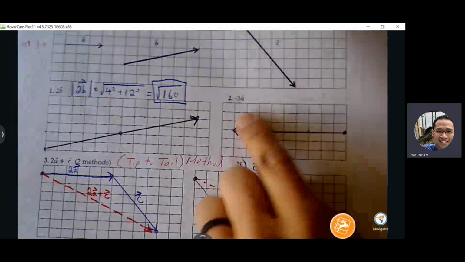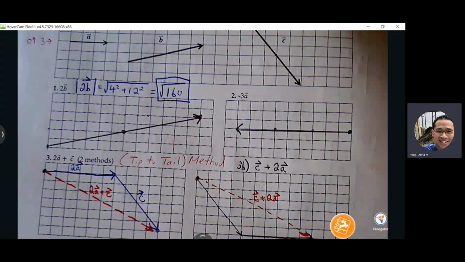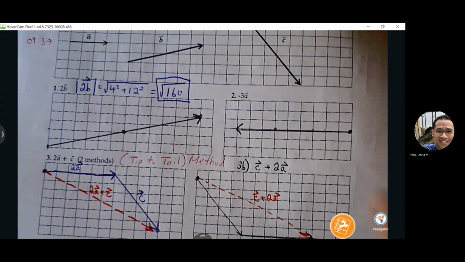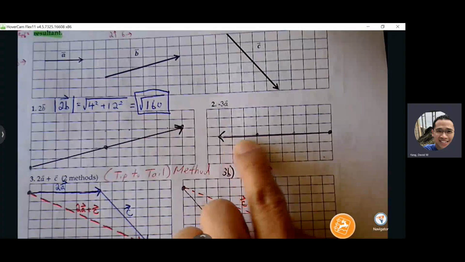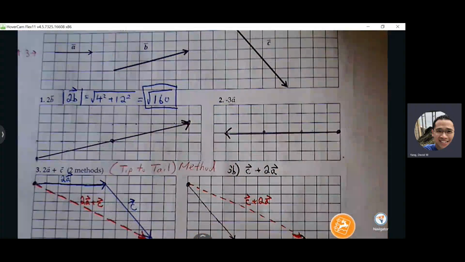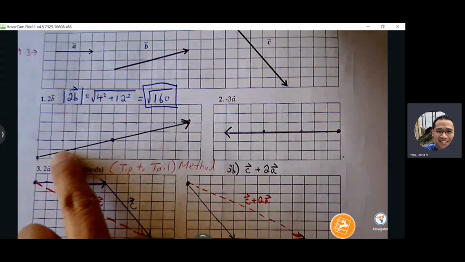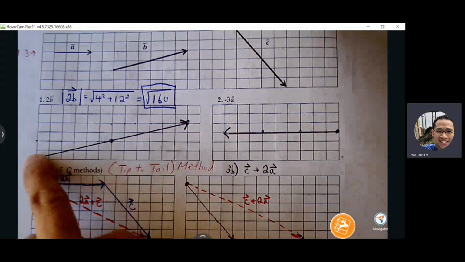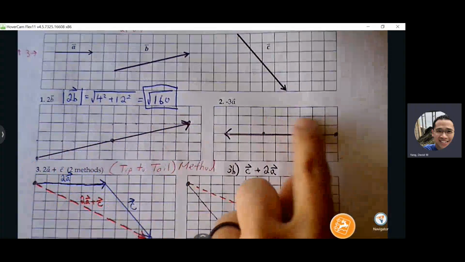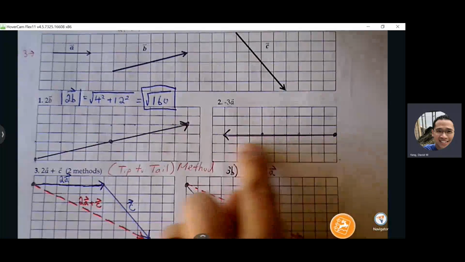All right, with number 2, what's nice about this? Do we have to go through the trouble of the Pythagorean theorem? We can count. If anything is moving horizontally or vertically, it's not as confusing as a diagonal. We can't count the units along a diagonal, but we can count units along horizontal or vertical.